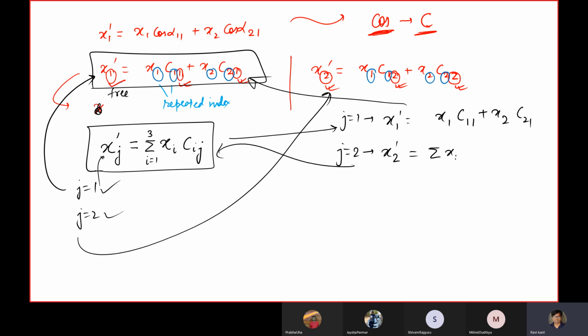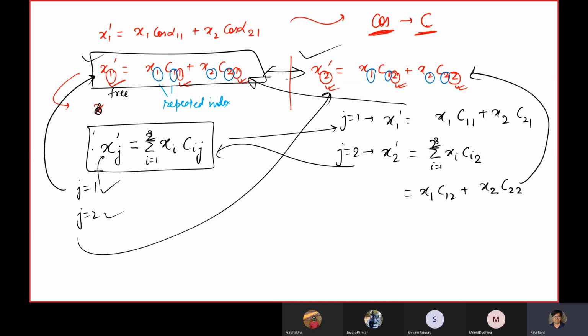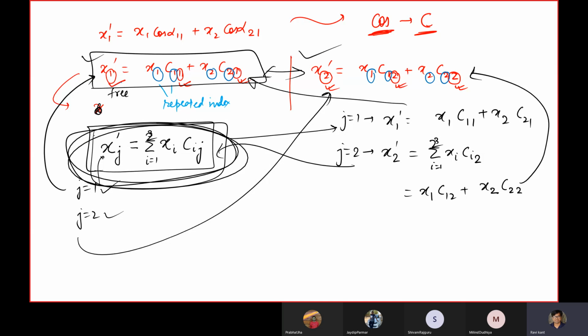So this is x i c i 2, and i goes from 1 to, sorry, not 3, because this is a 2D case, so up to 2. So now I get x1 c12 plus x2 c22, which is similar to this equation. So there is no need to write explicitly all those bigger equations, I will just follow this particular notation.